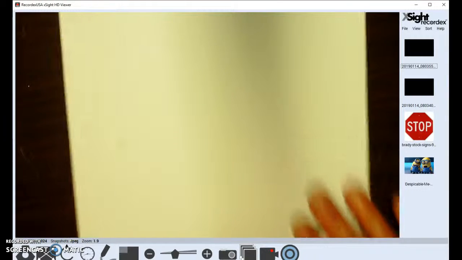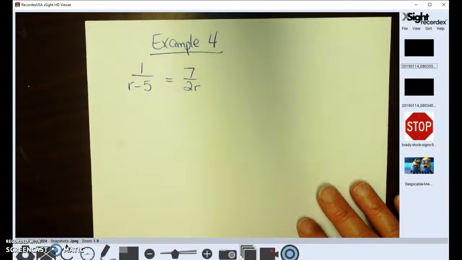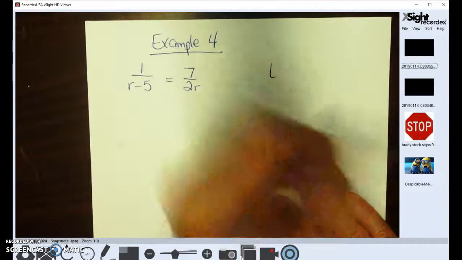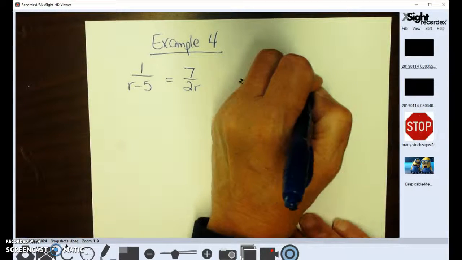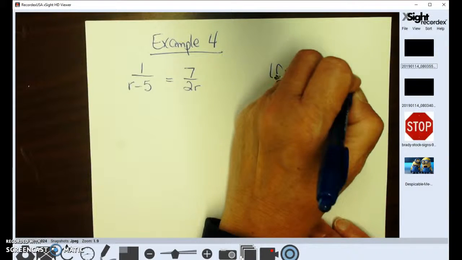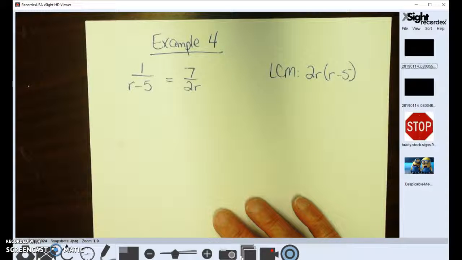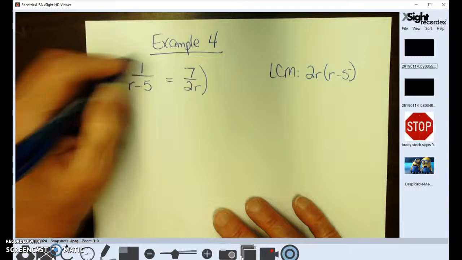All right, example 4. Okay, well, this one is kind of like those addition problems we did yesterday. So my LCM is going to be the 2 multiplied together, so it'll be 2r times r minus 5. I'm going to multiply the whole thing by that.